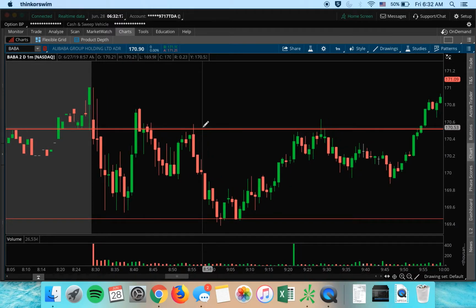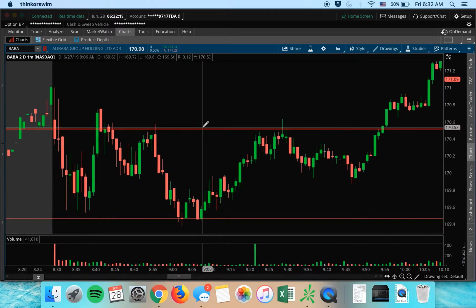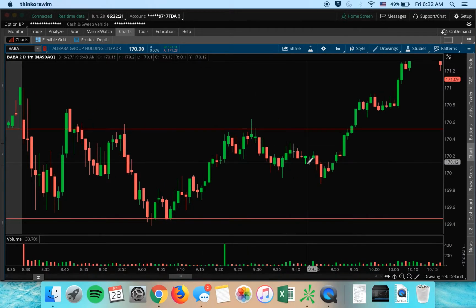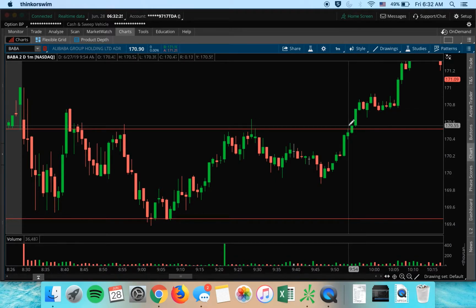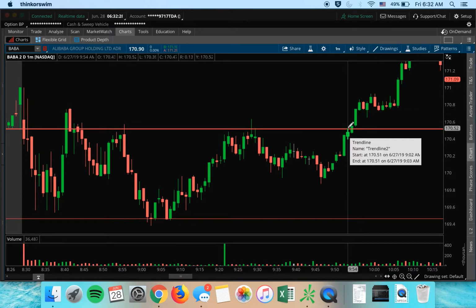Now, if we move further down in the chart, Alibaba comes back up and retests and then breaks through. So the reason that support and resistance is so critical for timing your entries is, for example, if you're a breakout trader and you want to buy a stock at the breakout level, knowing where resistance is super critical.